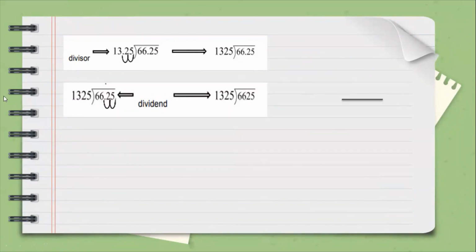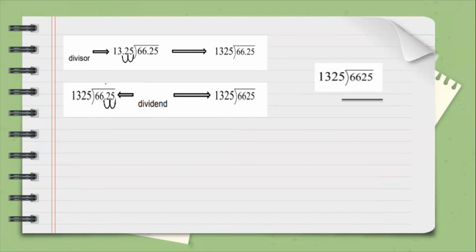So we have here 66.25. Move our decimal point 2 places to the right, and this will become 6,625. Since we already moved the decimal point of our divisor and dividend, that's the time that we could now start dividing.